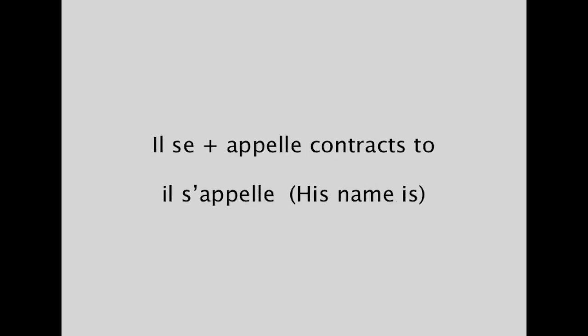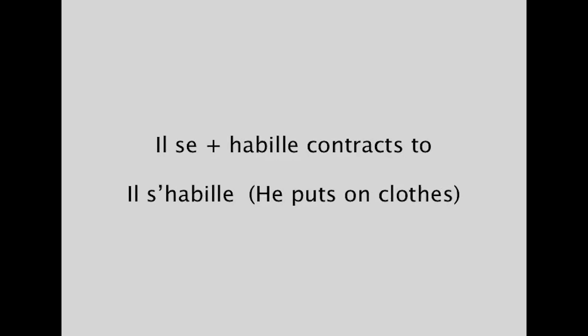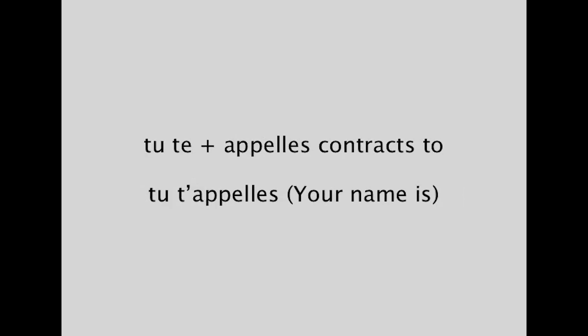Il se plus appelle contracts to il s'appelle, and it means his name is. Il se plus habille contracts to il s'habille, he puts on clothes. Tu te plus appelles contracts to tu t'appelles, which means your name is.